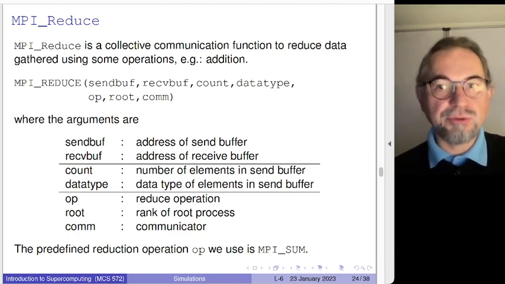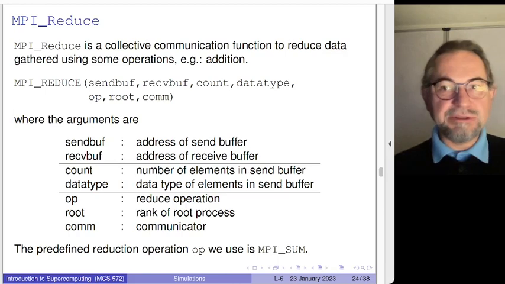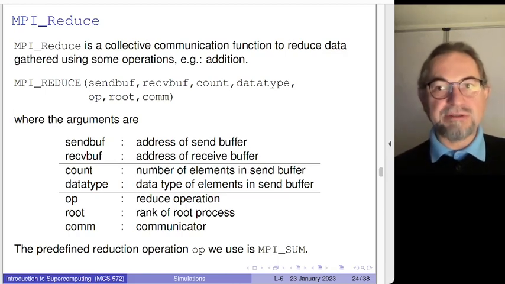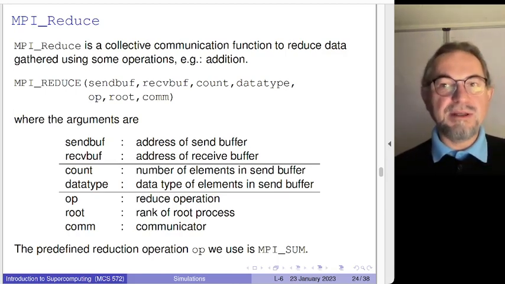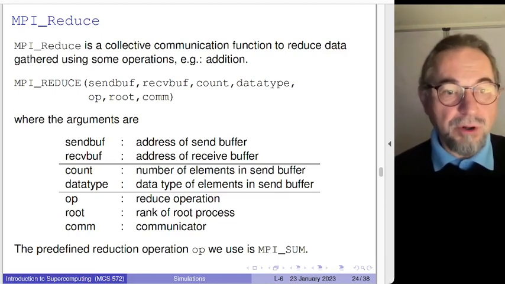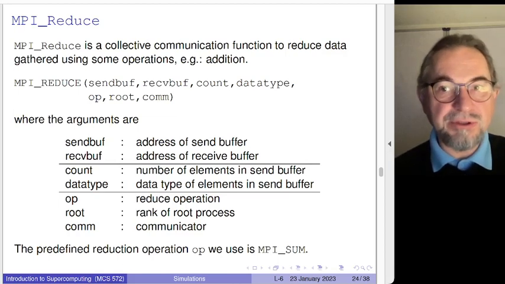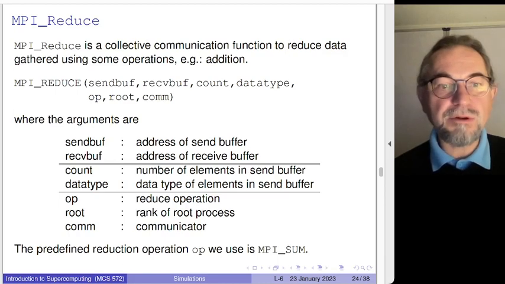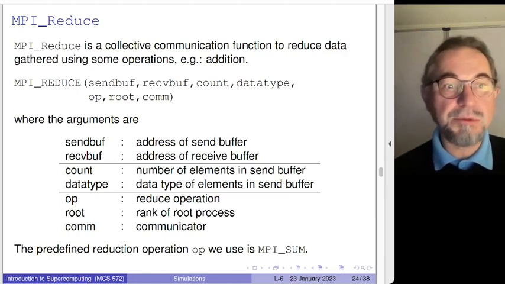It's possible to sum up different entries, and then the receive buffer has to contain as many items as all the send buffers. It is possible to give other operations other than the sum. The product might be another, or you can have the minimum, the maximum.